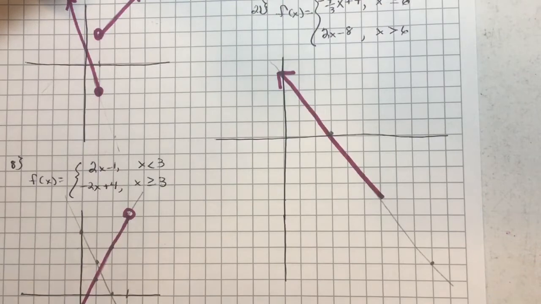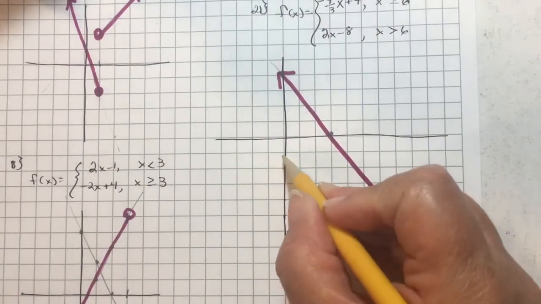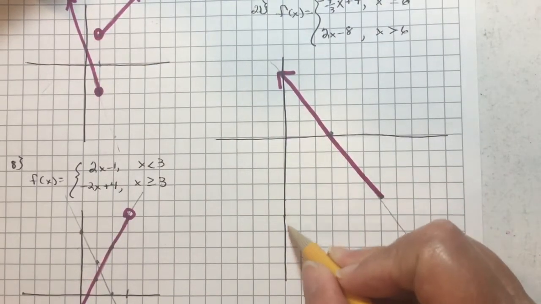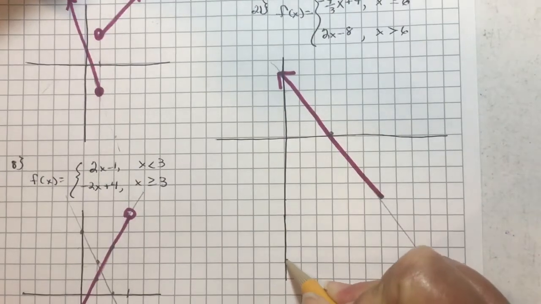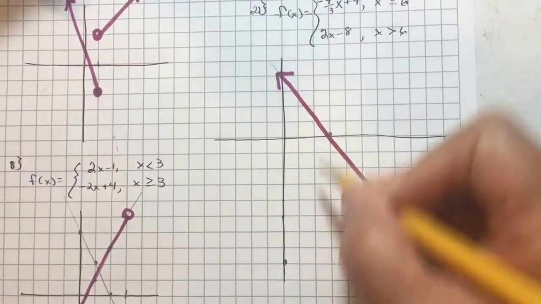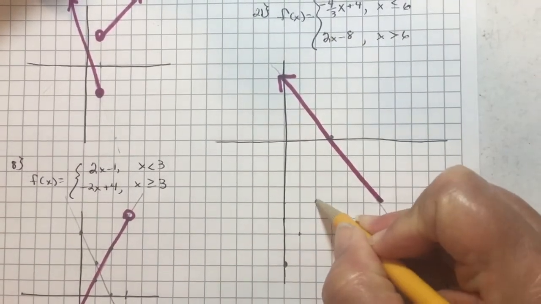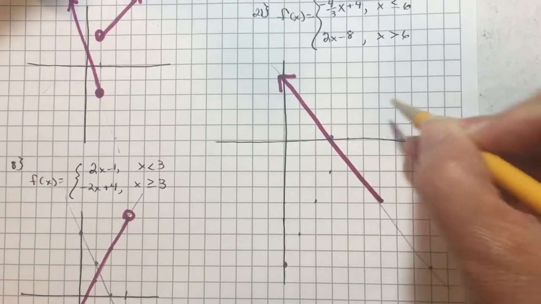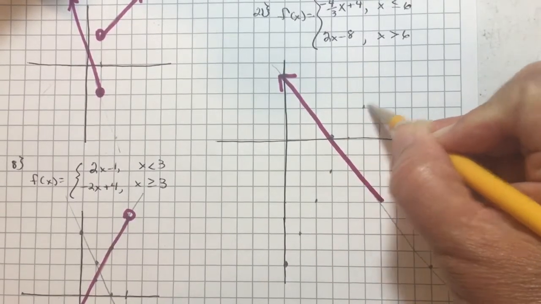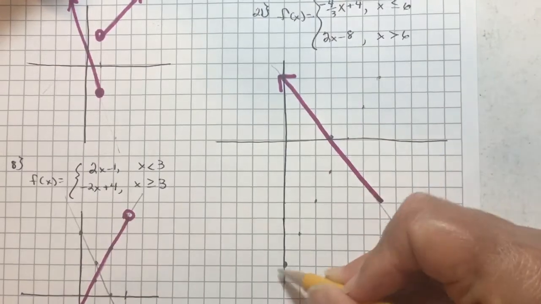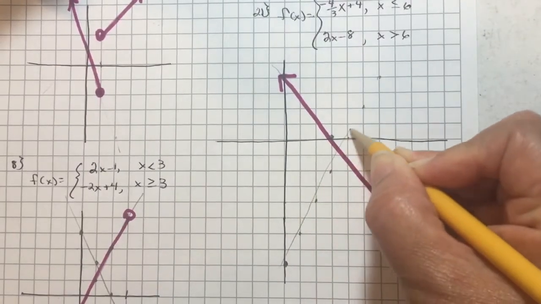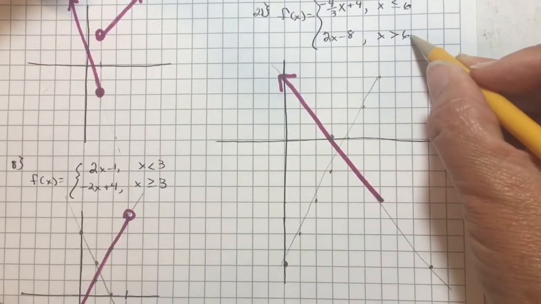Okay. Second piece has a y-intercept of -8 and a slope of +2, so up 2 over 1. And we want this one for greater than 6.